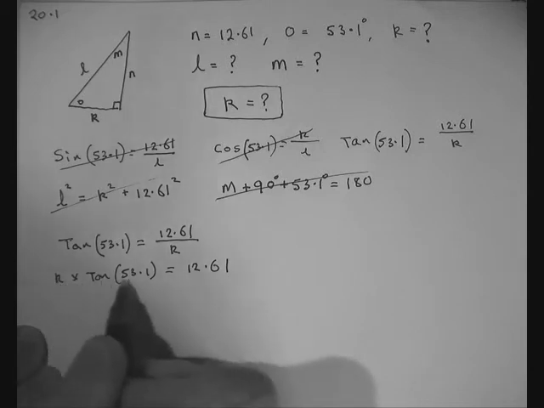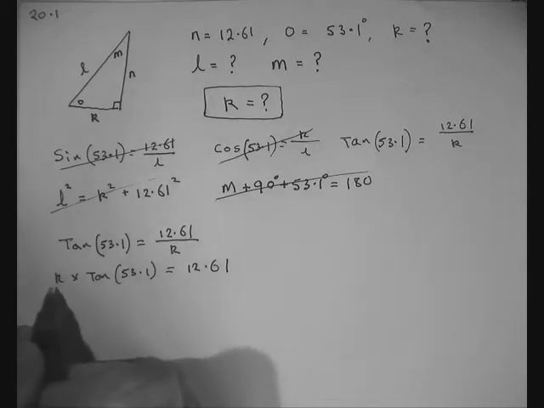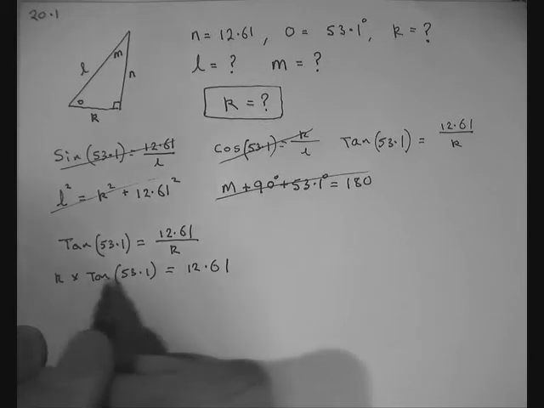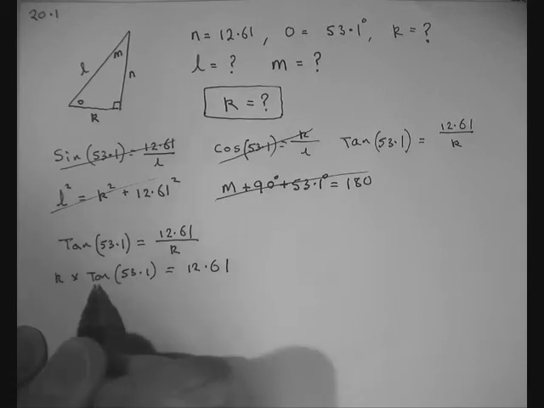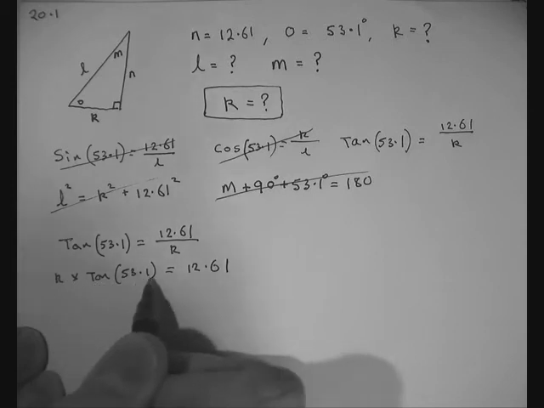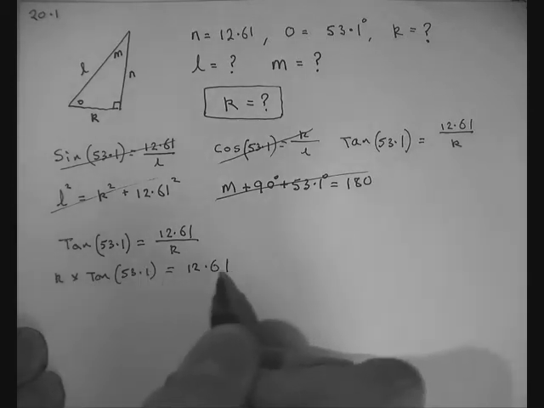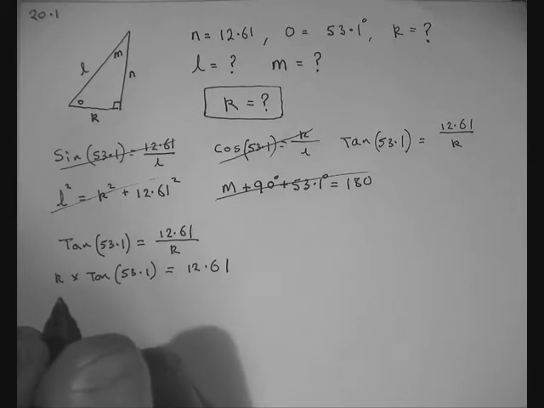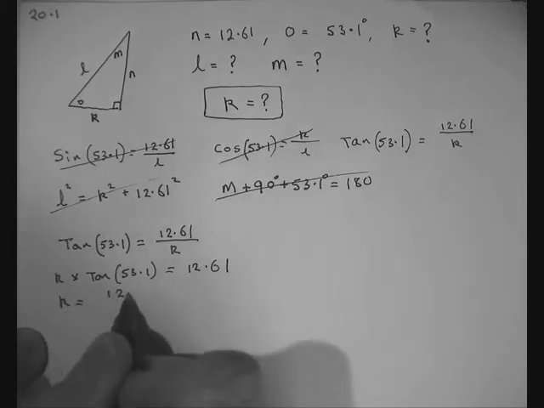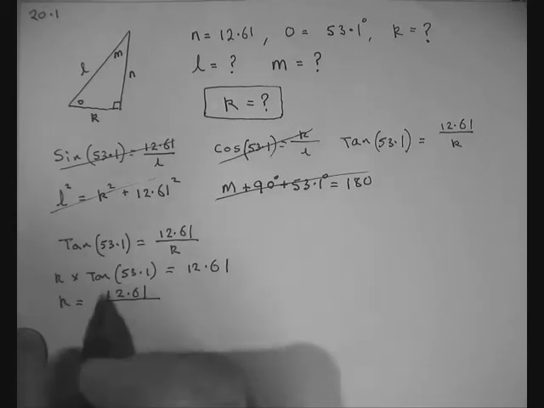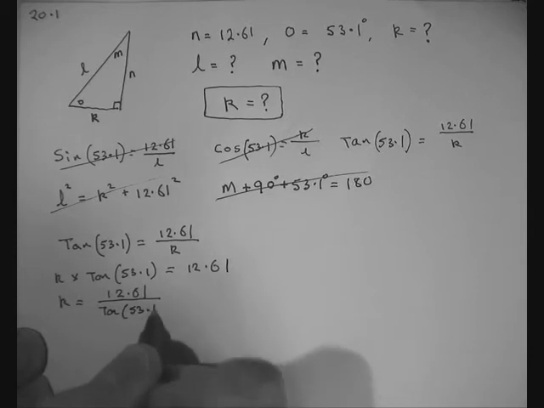We want to find K on its own, which means we've got to get rid of this tan 53.1. This is a multiplier here, and the inverse of multiplication is division. So if we divide both sides by tan of 53.1, we'll get rid of it this side and it'll appear on this side. So we have K equals 12.61 divided by tan of 53.1.